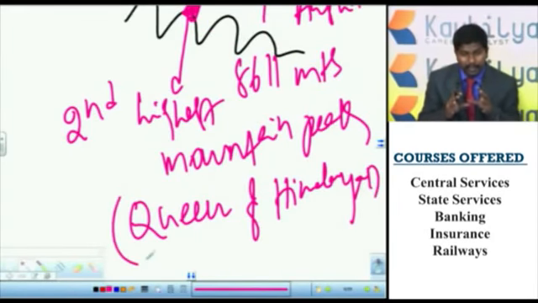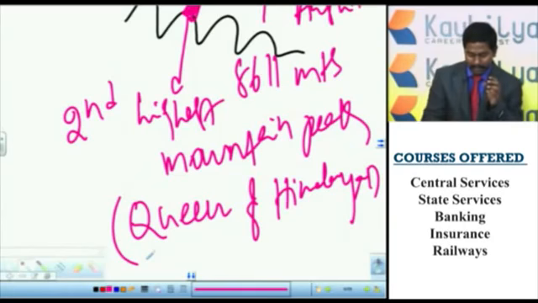So in the Karakoram range, which is part of the Trans-Himalayas and is also called the Krishnagiri range, there is an important peak with a height of 8611 meters, that is K2 or Godwin Austen, the second highest peak in the world.